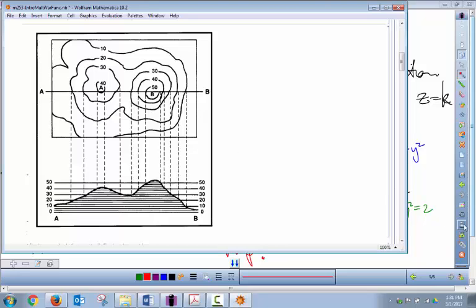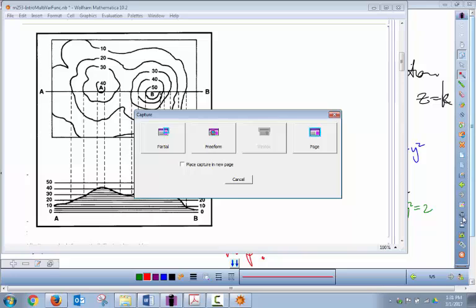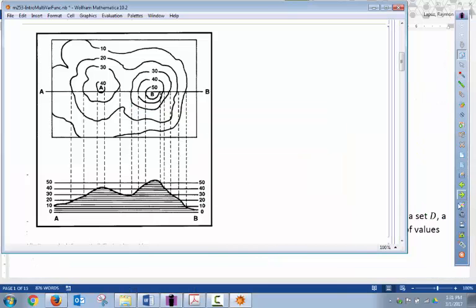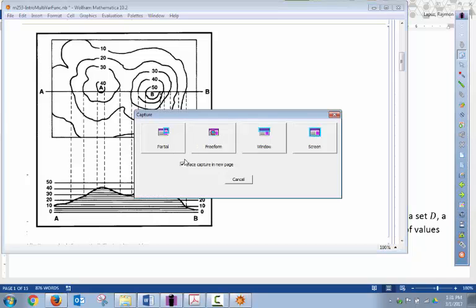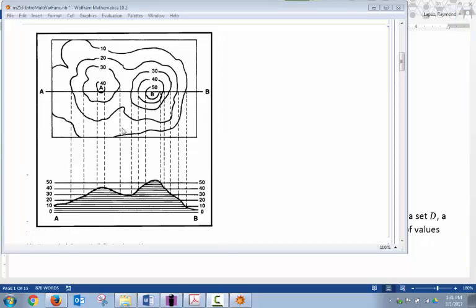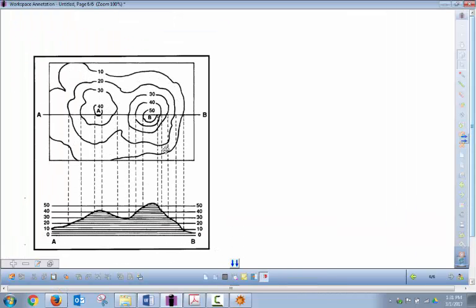And this would describe a function. So this describes the height. Let's say this is in meters. We got 50 meters is the height.